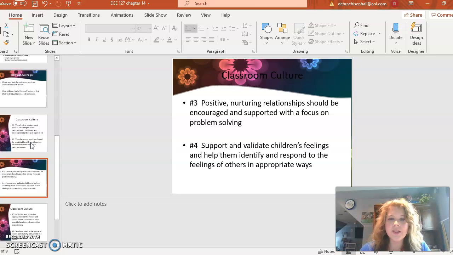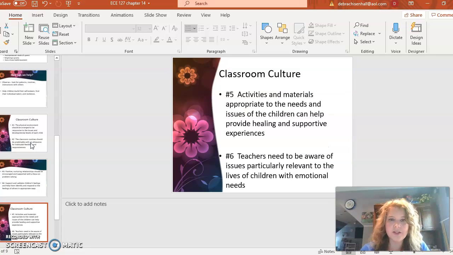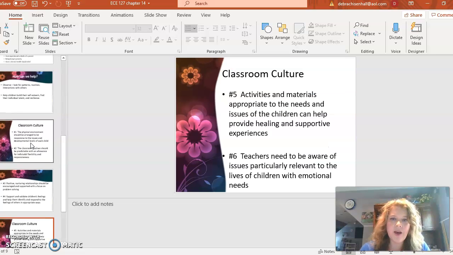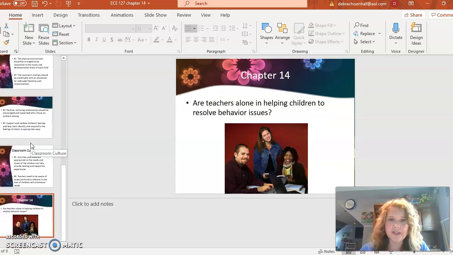And then also we need to make sure we're listening to children, that we're supporting them, that we're validating their feelings, and that we know that what they're saying is accurate and true, and we understand and we're there to help them. Fifth, activities and materials should be appropriate to the needs of the children. And sixth, teachers need to be aware of issues particularly relevant to the lives of children with emotional needs.